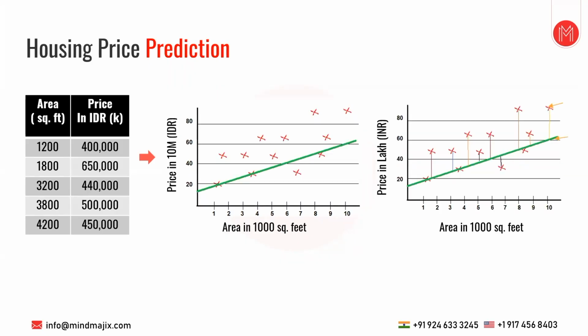But now we have to see some additional things. Assume 10,000 square feet area is there, and according to the sample, the value is around 1 crore INR, but according to the linear relation the price is only 60 lakhs.